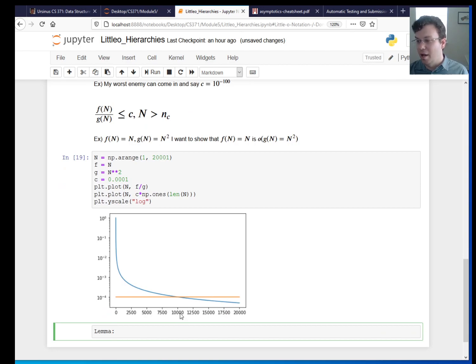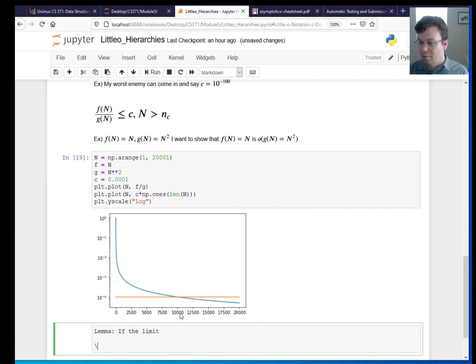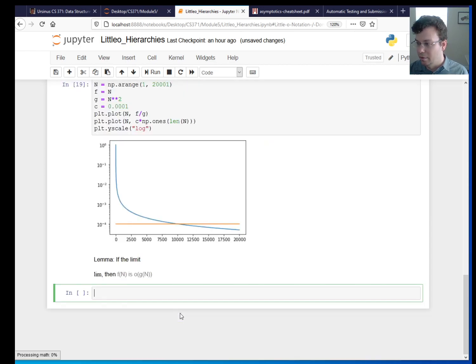It says that if the limit as n approaches infinity of the ratio of f of n to g of n is 0, then f of n is little o of g of n. So here's a fact that we can use to help us.